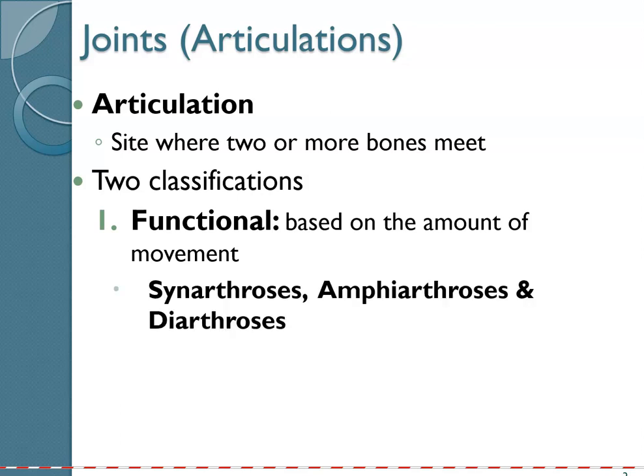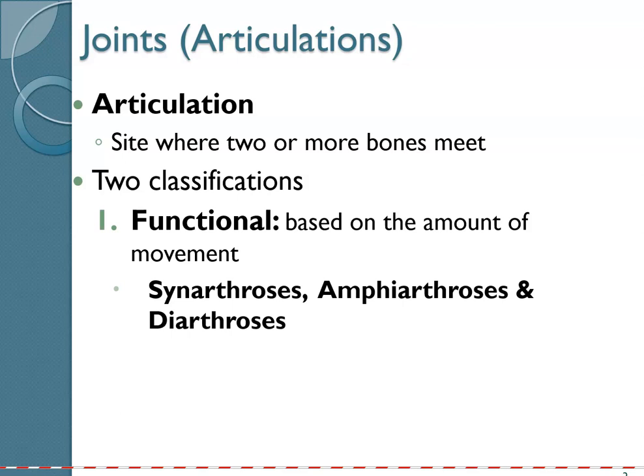So functional classification, there's three types of functional classification of the joints: synarthrosis, amphiarthrosis, and diarthrosis. So let's look at the two extremes. Synarthrosis, these are going to be immovable joints, so no movements. These joints do not allow any movements.